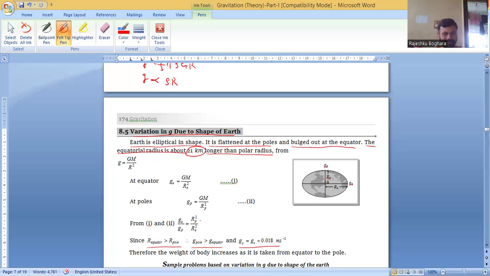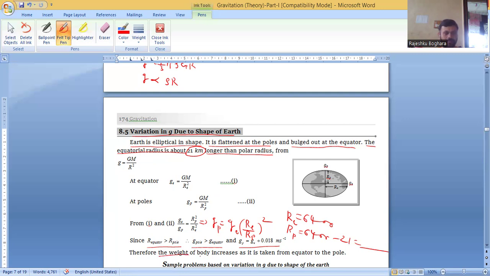Here we write R_e equal to 6400 km and R_p equal to the polar radius, and hence g_p equals g plus 0.018 meters per second squared.